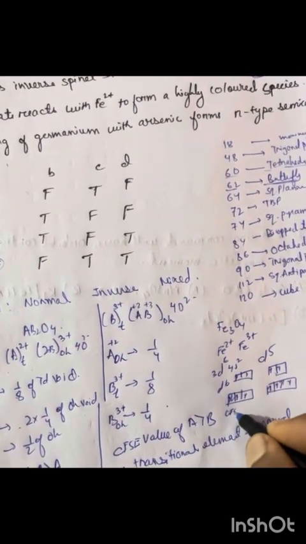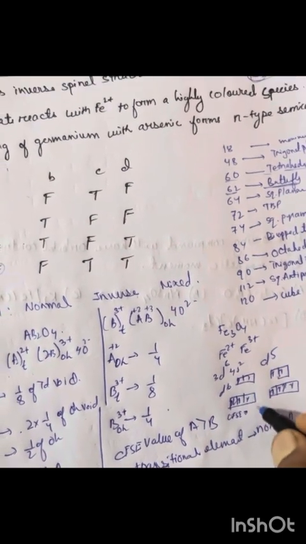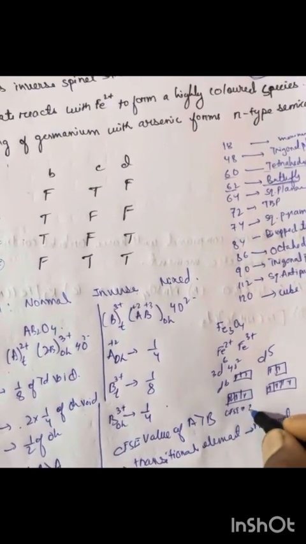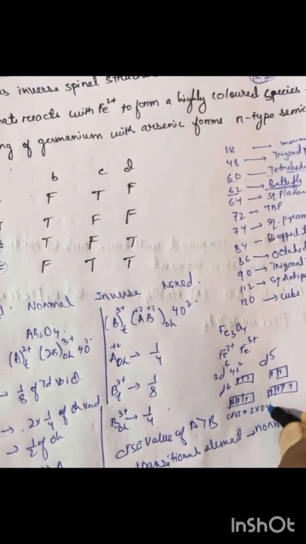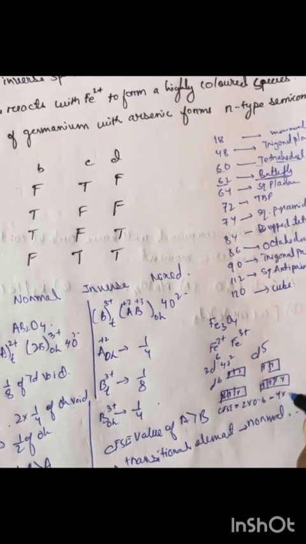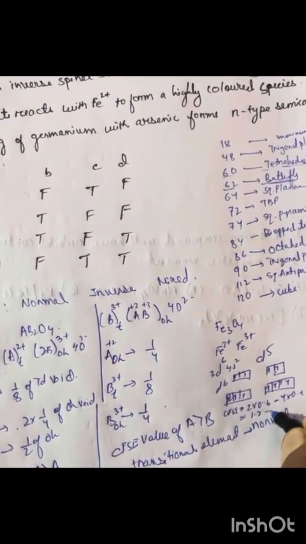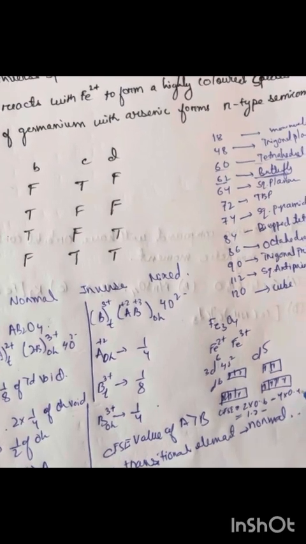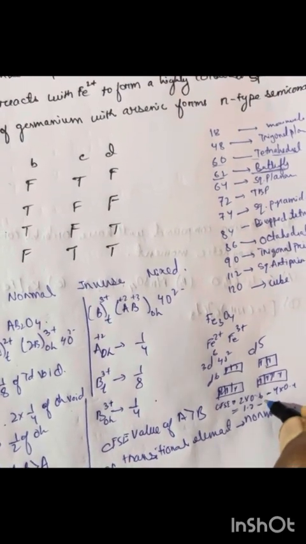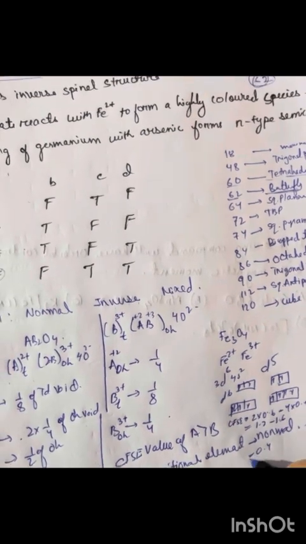How do you calculate CFSE? You know already. Only one up is 0.6, so 2 electrons into 0.6, minus, here you got 4, 4 into 0.4, how much do you find? 1.2 minus 1.6 means 0.4, right?